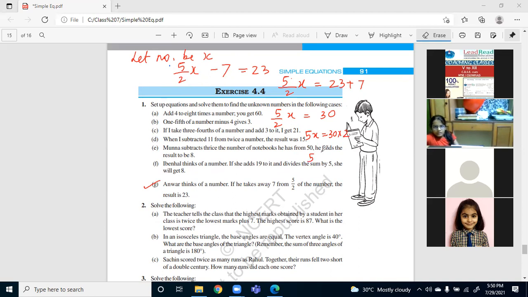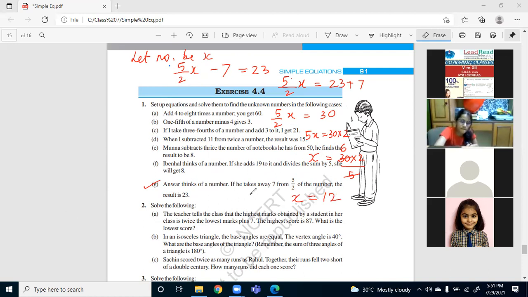You need not multiply it, just leave it like this. Then you can say x is equal to 30 into 2 upon 5. So if you cut 5 and 30, you will get 6. Then 6 into 2 is 12. You are correct. Very good.